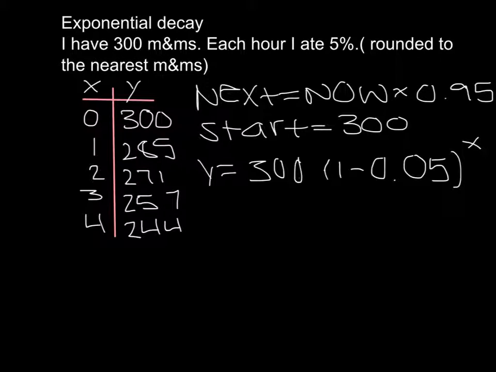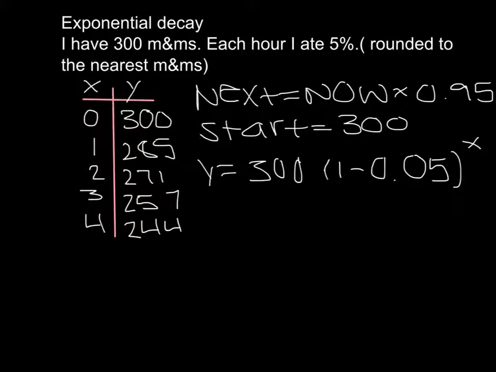The now-next equation is next equals now times 0.95. The start is 300. And the explicit equation for this would be y equals 300 times 1 minus 0.05 to the x power. You use the start, and that's where 300 came from.